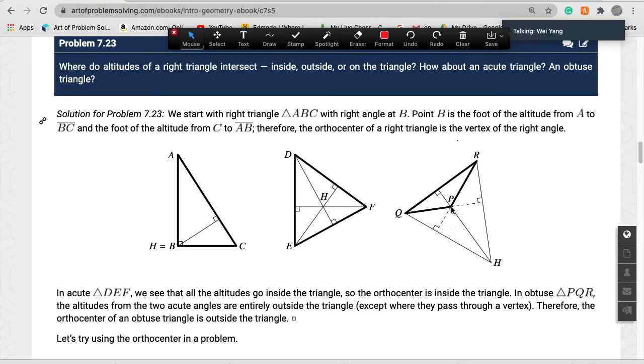For an obtuse triangle, when you draw the altitude from P to RQ, you get this altitude here, right?